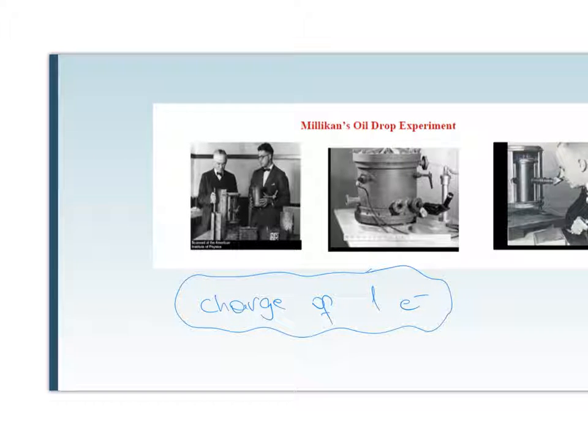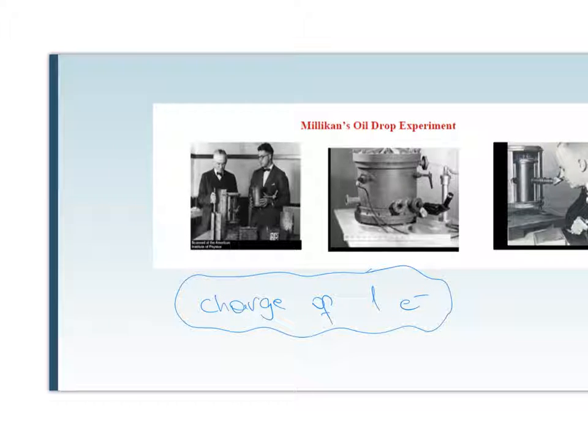So why did he use oil drops? Because oil drops can be easily electrified. When some electrons are hanging in the air, they capture these electrons and can become negatively charged. With the help of the oil drops, an electrical field and UV lights, he calculated the charge of one electron.